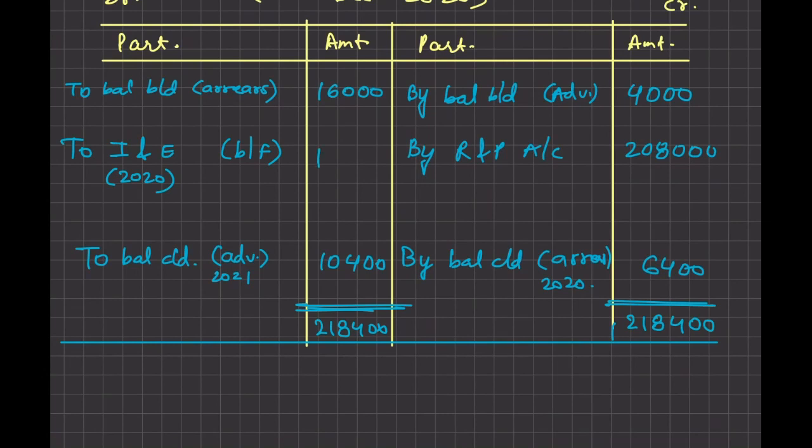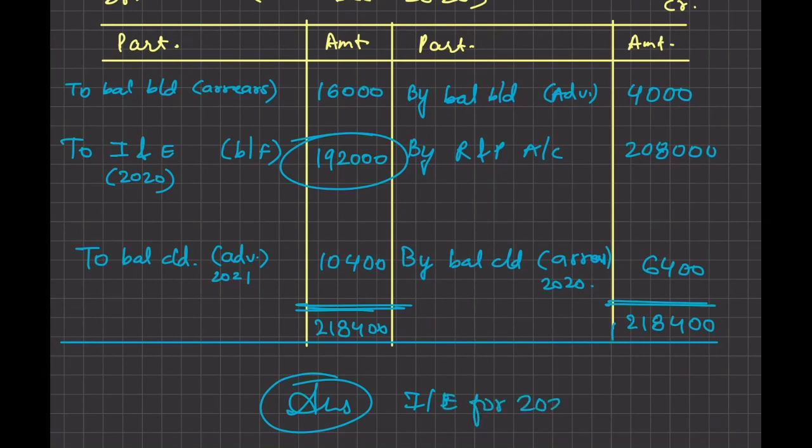So my balancing figure would be 1,92,000, and that is my answer. Answer is income and expenditure for year 2020 is rupees 1,92,000. Perfect. Many students have given me the correct answer.